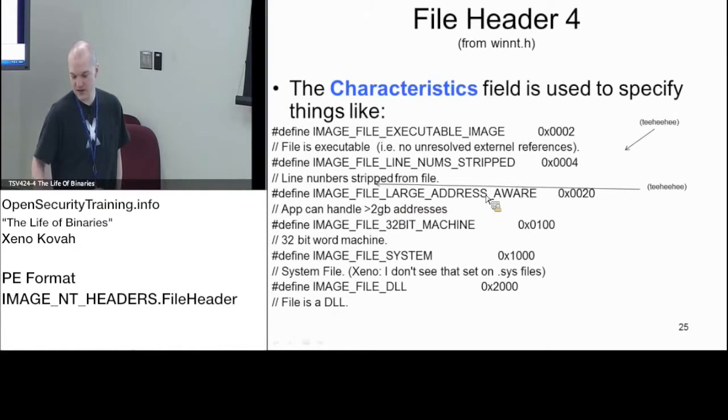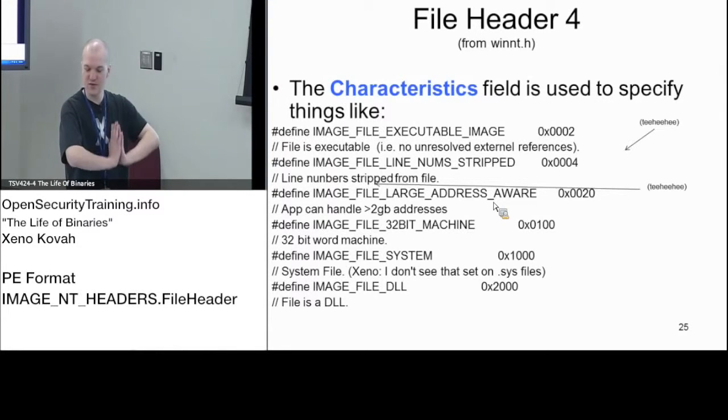This is basically saying whether or not this particular binary can handle being loaded at greater than 2 GB addresses. I'm trying to think of whether I misdescribed that in the previous class or whether I'm going to misdescribe it here.